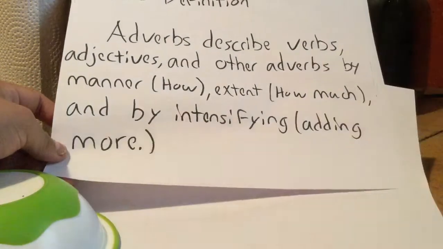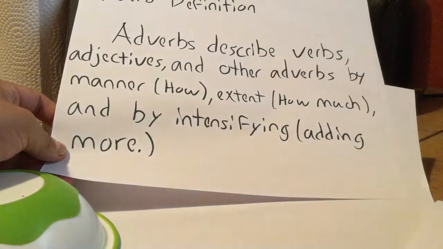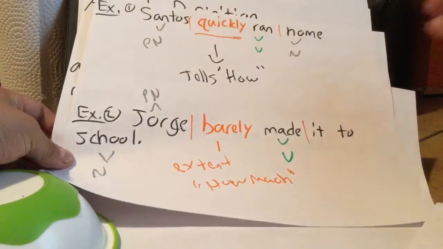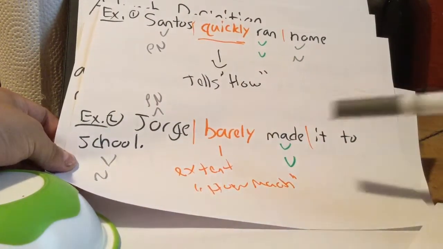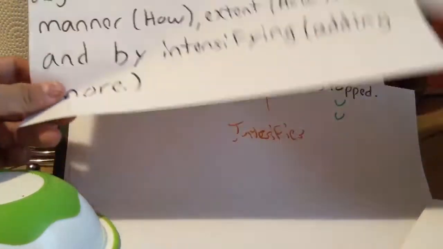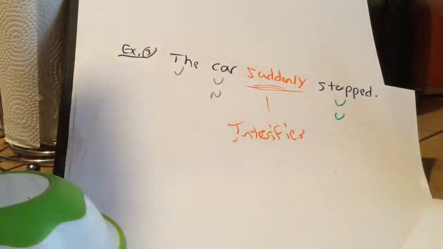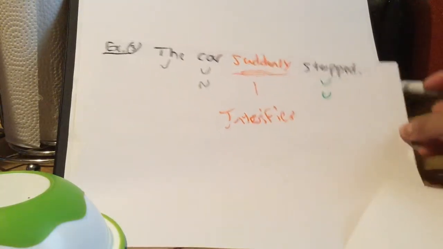Okay, so good job, everybody. Based off of our examples, we have adverbs can tell us how. Adverbs can give the extent or how much or how little. And adverbs can intensify a verb, intensify the situation.